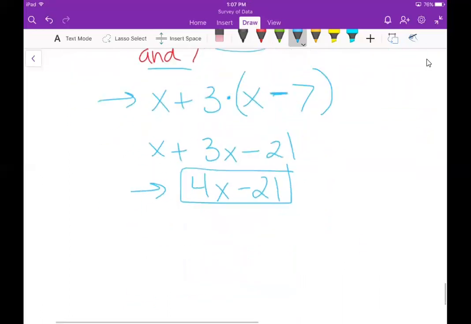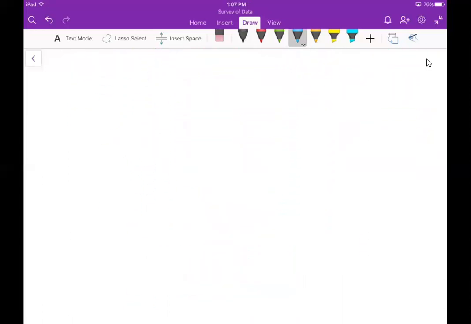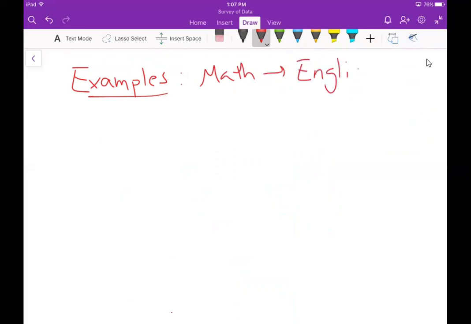Okay, so here's a good test. Can you take that information and now go the other way around? So we're going to go here now from math into the English phrase. Okay, so can you take x minus 5 times x plus 2 and say that in an English phrase? So let's see, anytime we saw x, it was a number, right?